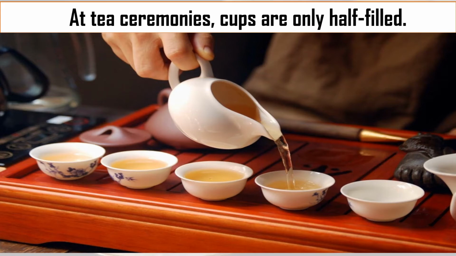The Chinese believe that the rest of the cup must be filled with friendship and affection. So tea drinking is not just for the sake of drinking tea, but they use this ceremony to boost friendship and affection.